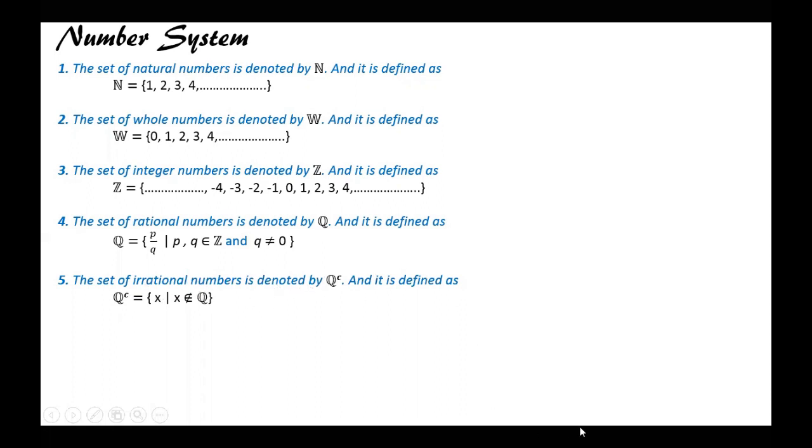The irrational numbers are defined by Q to the power C, where C represents complement, the complement of the rational number set. It is denoted by x such that x does not belong to Q.